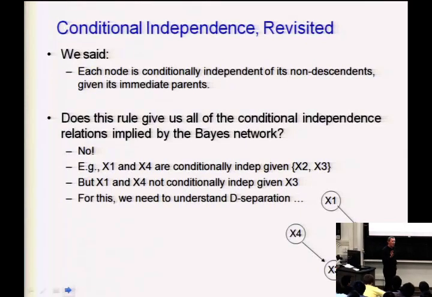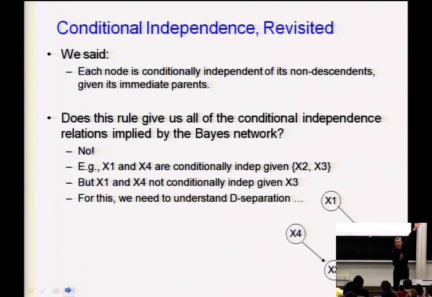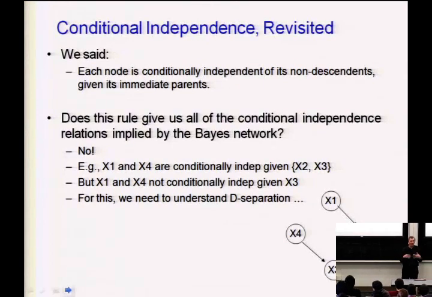And as we said before, one thing that's certainly true of a Bayes net is that each node is conditionally independent of its non-descendants given its immediate parents. But there are other conditional independences also implicit in the network. So while that statement is true, it doesn't get us all the conditional independences that exist in the network.